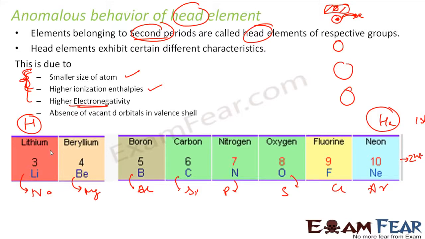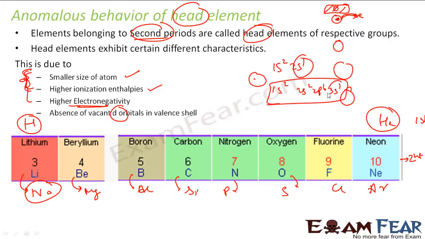And the most interesting is the absence of vacant d orbitals. They don't have d orbitals here. But if you see sodium, magnesium, they all have d orbitals. We'll discuss this when we discuss the structure, right? If you see the lithium structure, the atomic number is 3, so the electronic configuration is 1s2, 2s1. Sodium is 1s2, 2s2, 2p6, 3s1.